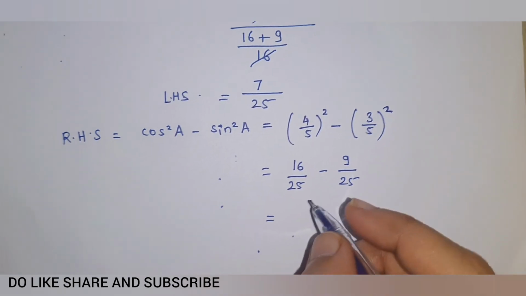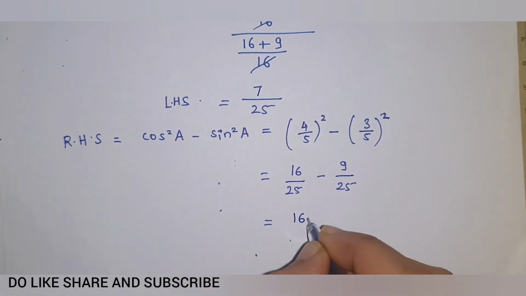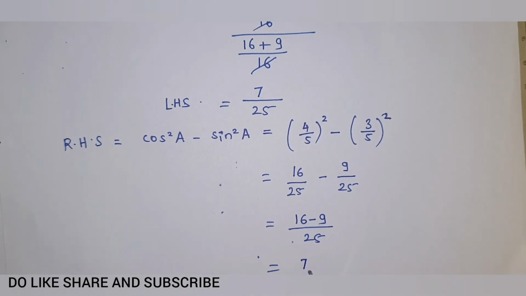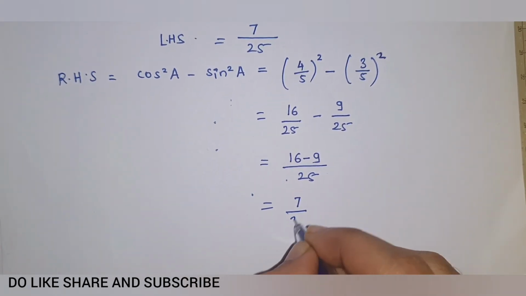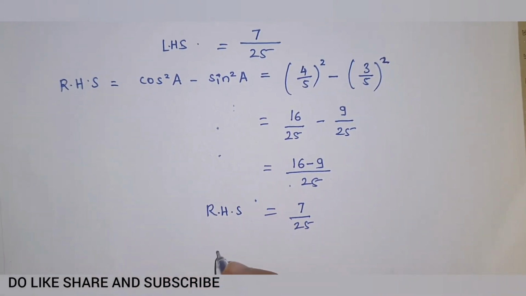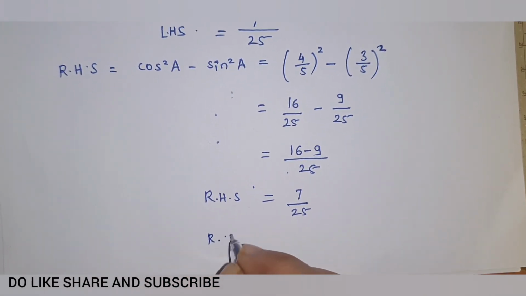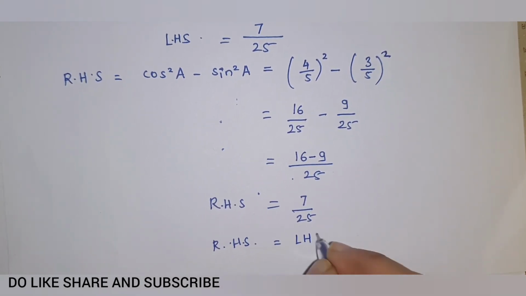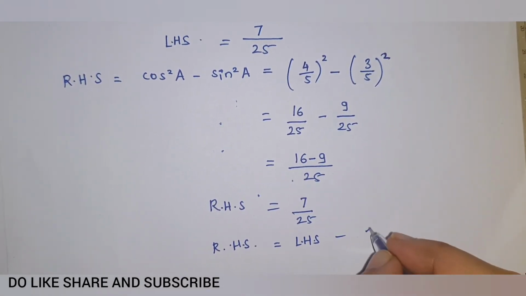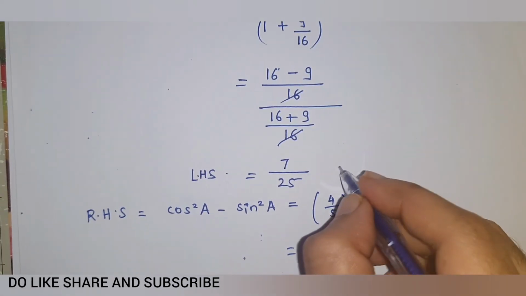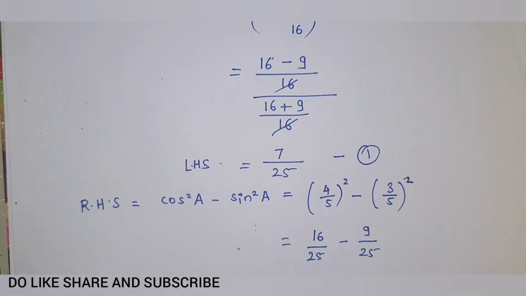That will be equal to 16 minus 9 divided by 25, that is equal to 7 by 25, that is equal to RHS. Now RHS is equal to LHS. Let me give this equation number 1.